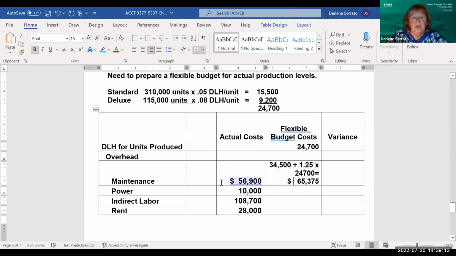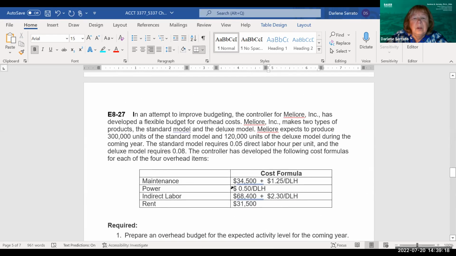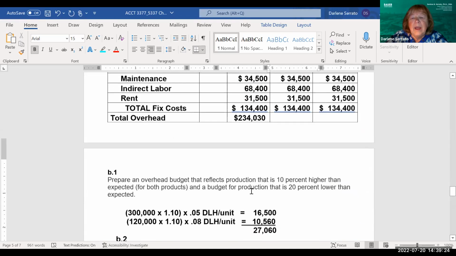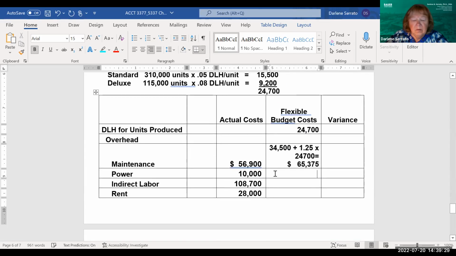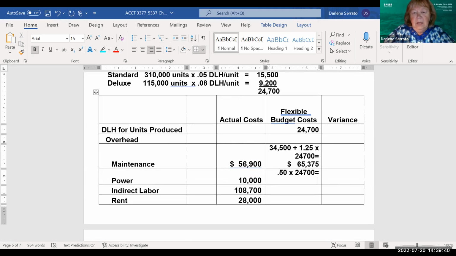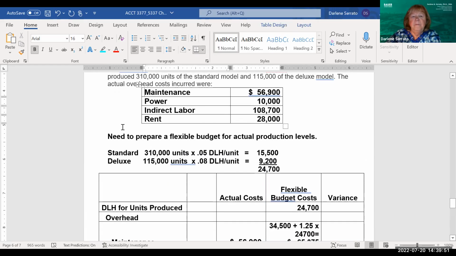Okay. So power, the formula for power, it's all variable, 0.50 per direct labor hour. So I get 12,350. Did y'all get that?